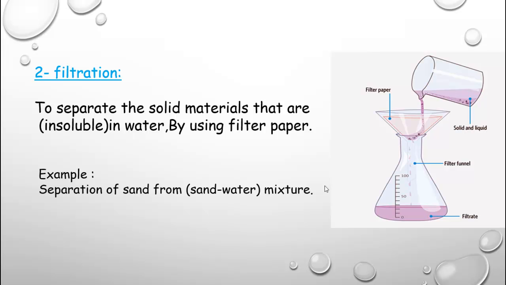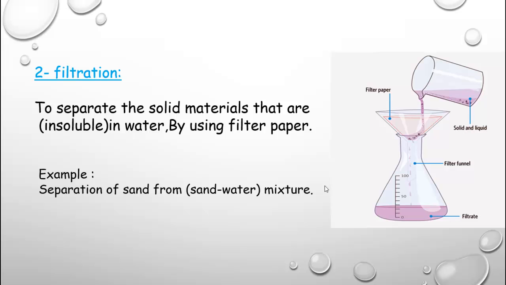But Miss Rosha, if I use this method to separate water from salt or water from sugar, can I use it? No. Who can tell me why? Because, as we said, the salt will dissolve inside the water. Sugar also dissolves inside the water. So sugar and salt are soluble materials, and I can't use filter paper to separate them.